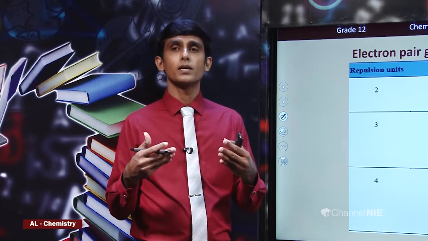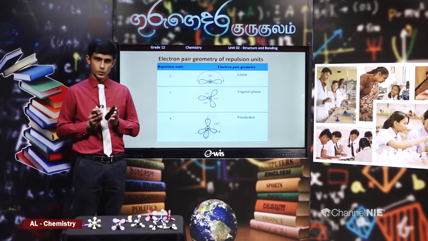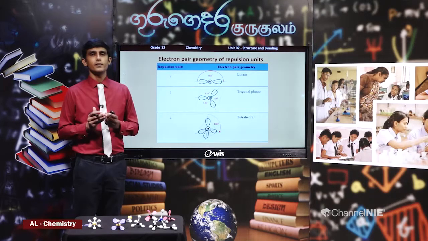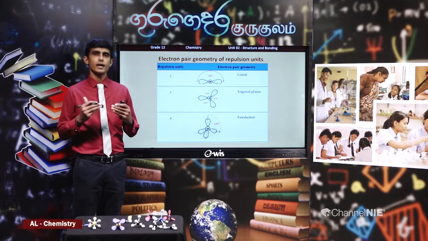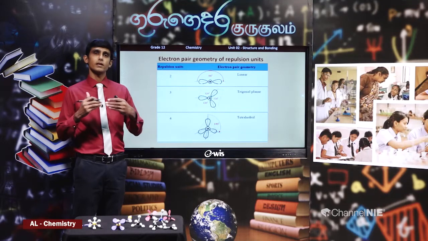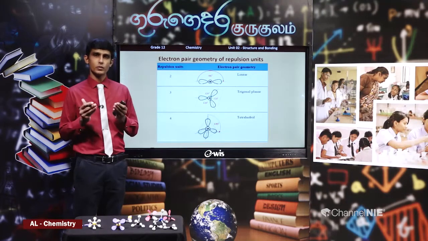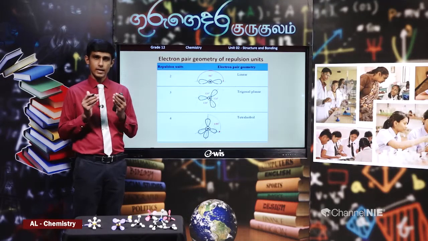That arrangement is known as the linear arrangement. When there are two electron pairs or two repulsive units around a particular atom, they will be arranged linearly. If both these repulsive units are identical, the angle will be 180. Two repulsive units will be arranged linearly with the angle 180.